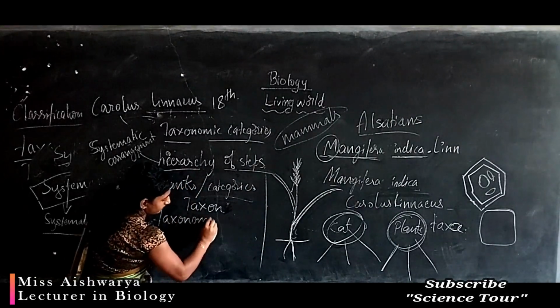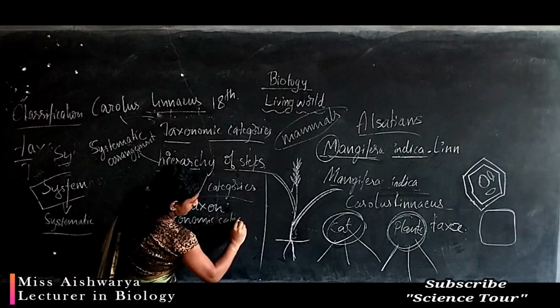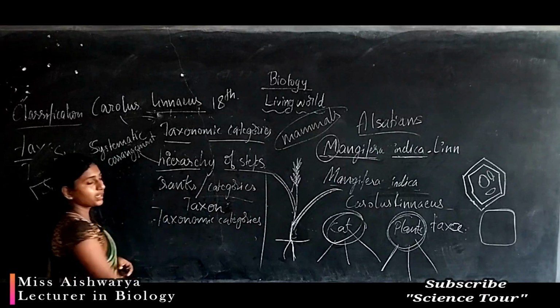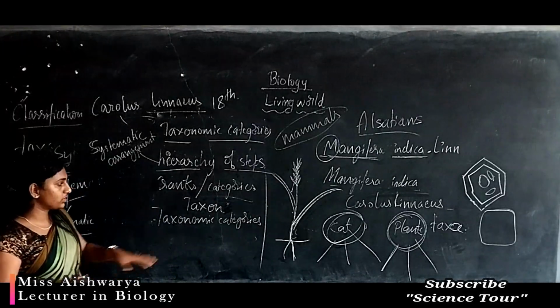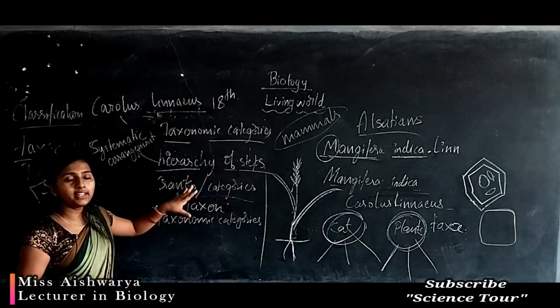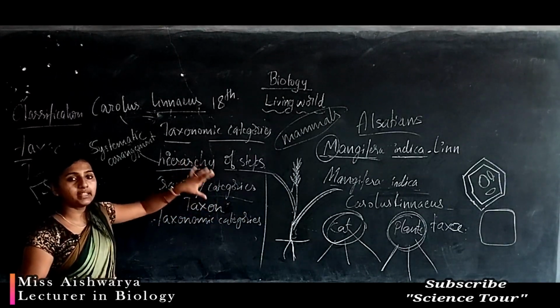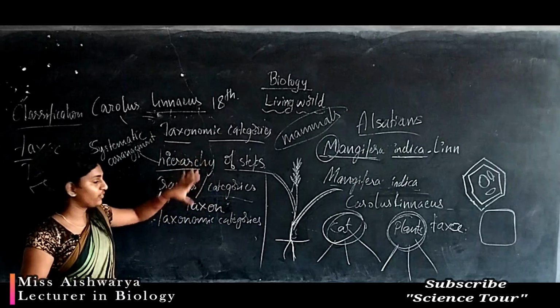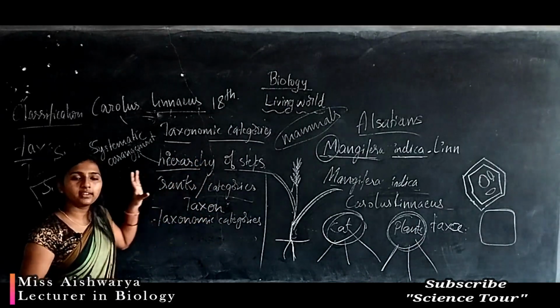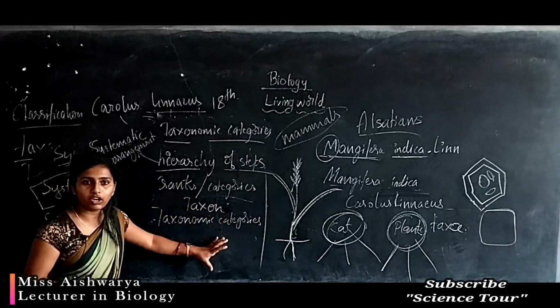These categories involved in the stepwise arrangement are called taxonomic categories. Here the taxonomic category refers to the categories or ranks involved in the classification, or the group involved in the classification of the living organism.